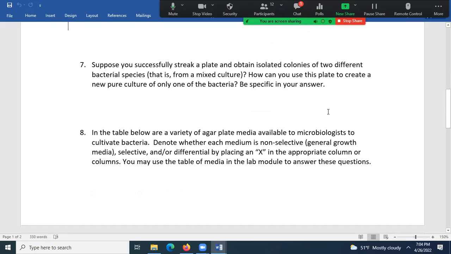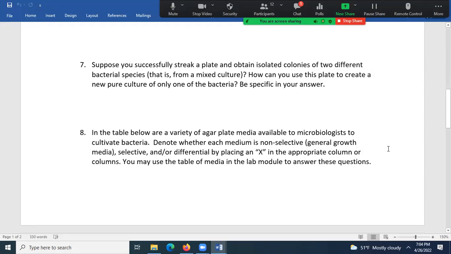7, suppose you successfully streak a plate and obtain isolated colonies of 2 different bacterial species from a mixed culture. How can you use this plate to create a new pure culture of one of the bacteria? Be specific in your answer.